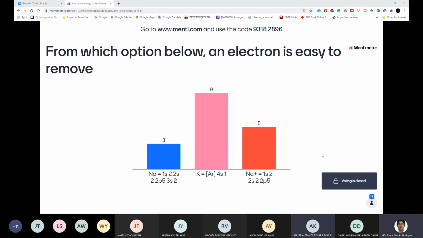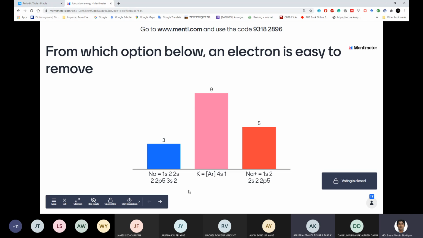Sir? Yeah. For the one in blue, the 2p shells are not filled. First it should be filled before it goes to 3s2 for the 3s subshell. I didn't get that clearly because of the network, can you repeat once again? Sodium. The 2p subshell is not fully filled and it has gone to 3s2.